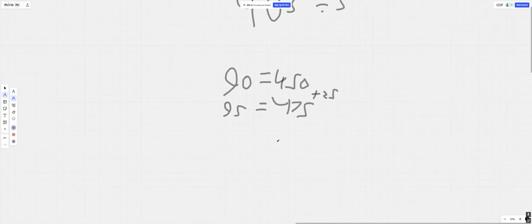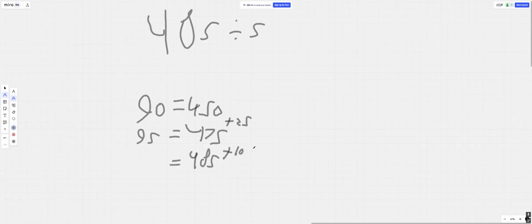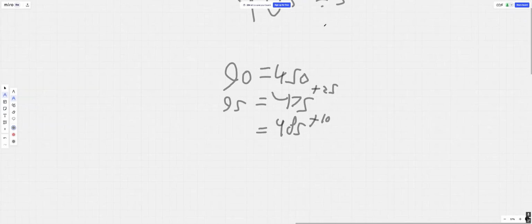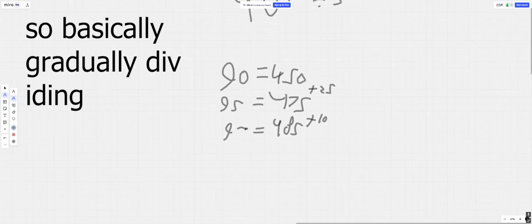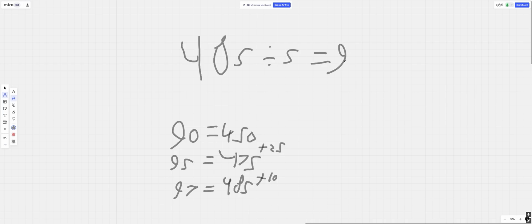So now 485, that's plus 10. Plus 10 is how many 5s? That's 2 5s. So now 97. Now we have the answer quite simply without any formula needed, 97.